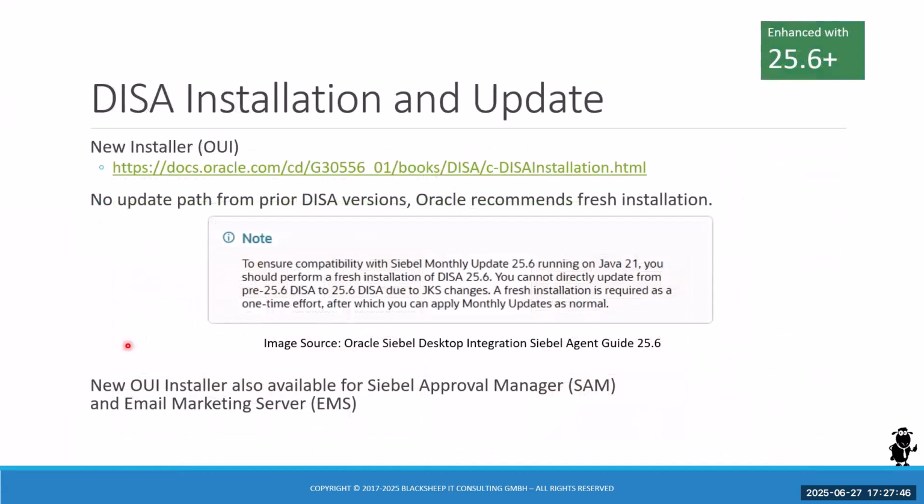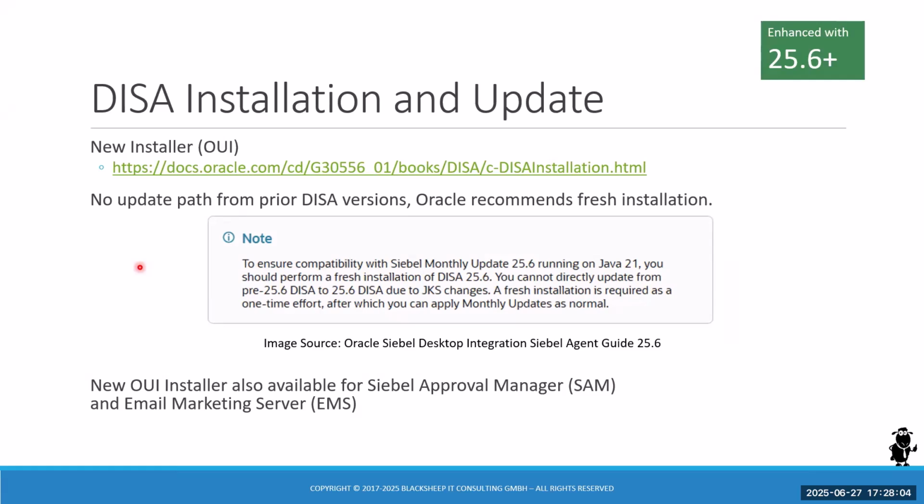And going back to the basics of Siebel, if you use the desktop integration Siebel agent, then you're also in for a little surprise: it's based on Java 21 now.